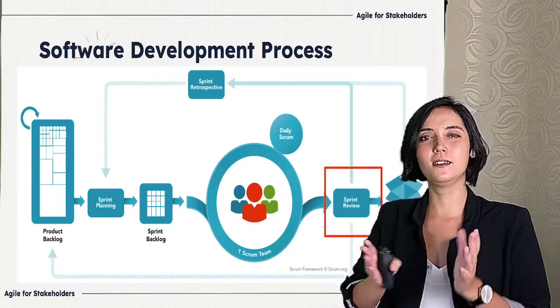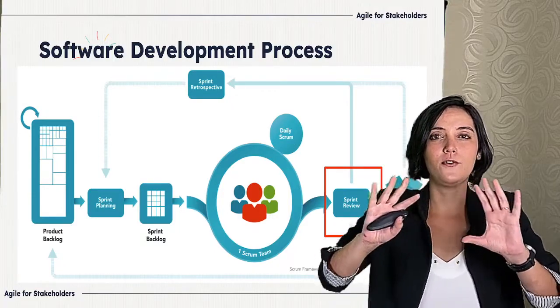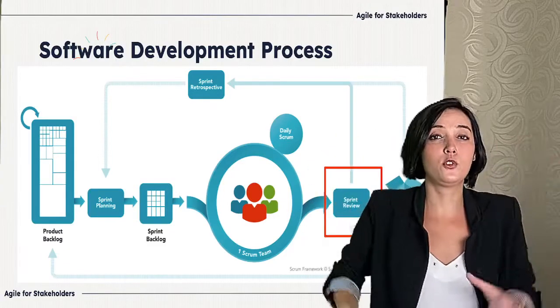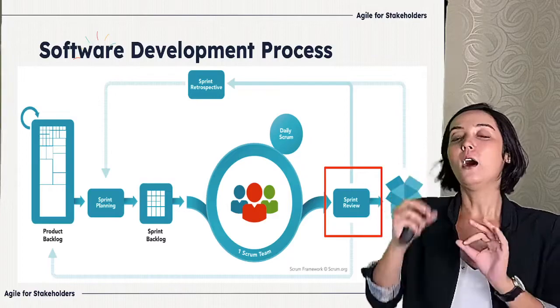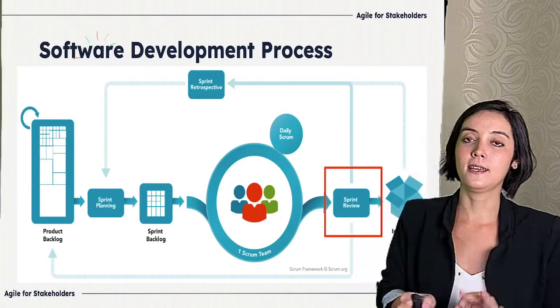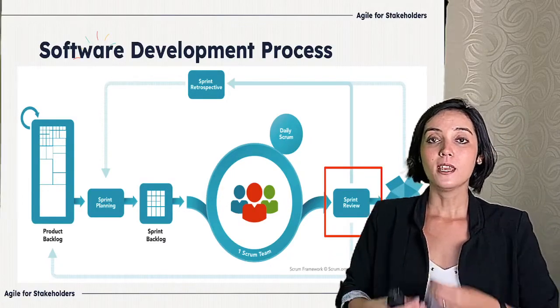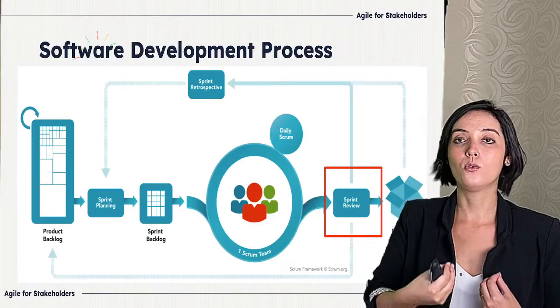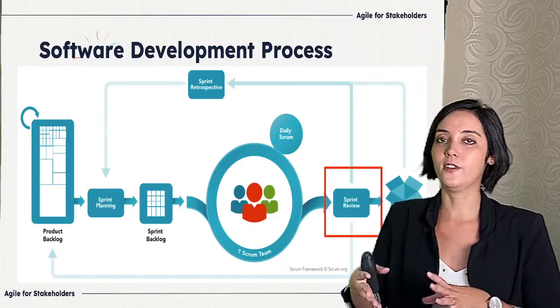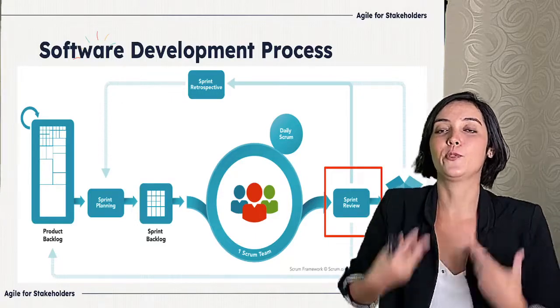But just to give an overview, just to warm up on how to practice Agile, we are going to use Scrum as an example. So, Scrum is a framework that is based on a container event that we call a sprint.